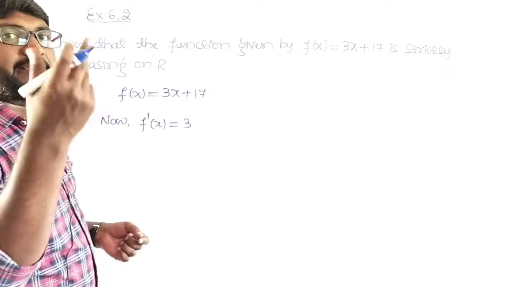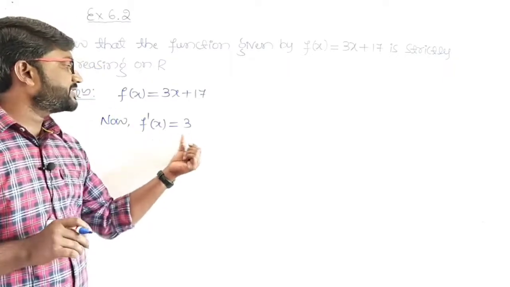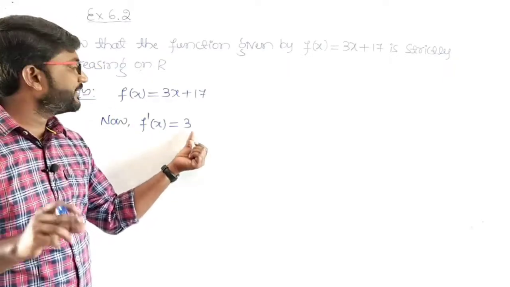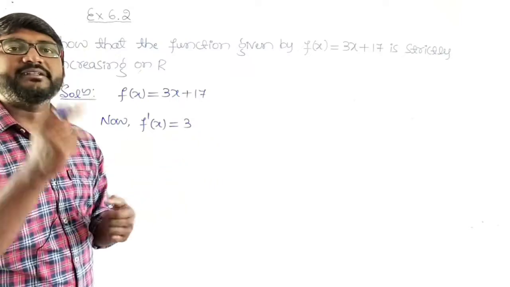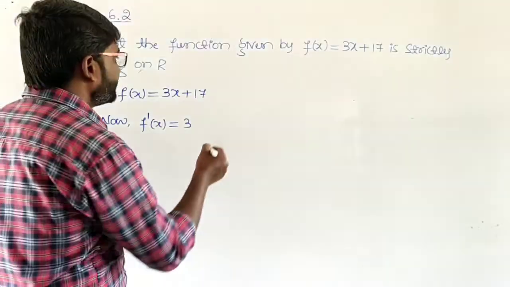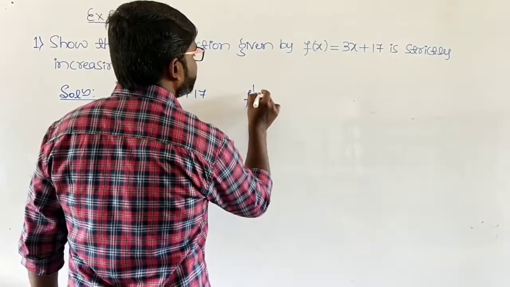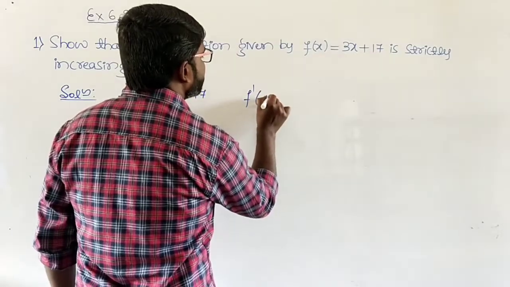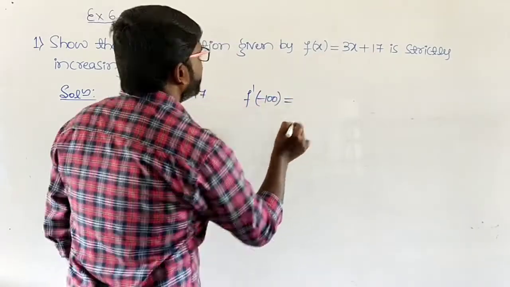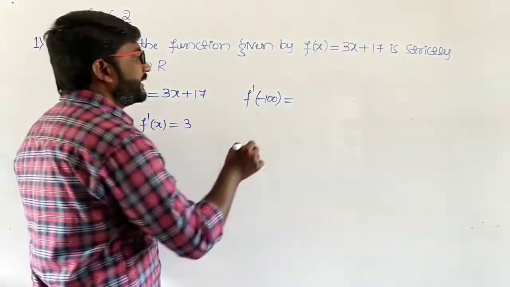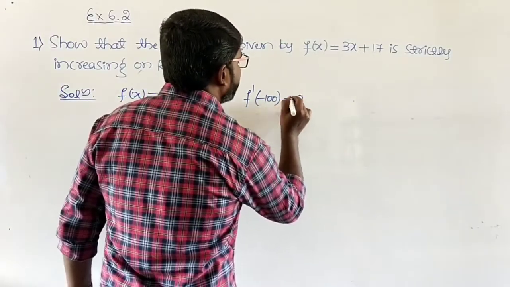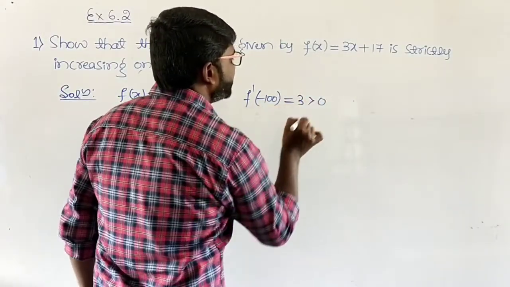Now you take any real number, f dash of x is going to be greater than 0 because we don't have the x term on the right hand side. For example, f dash of minus 100 is 3, which is greater than 0.